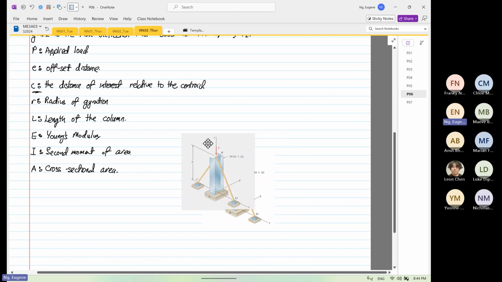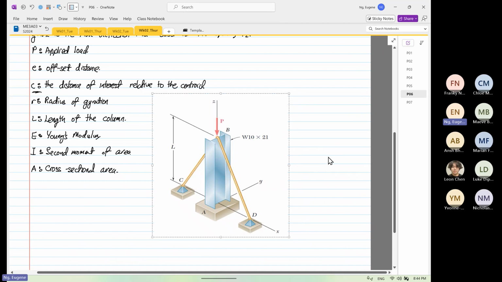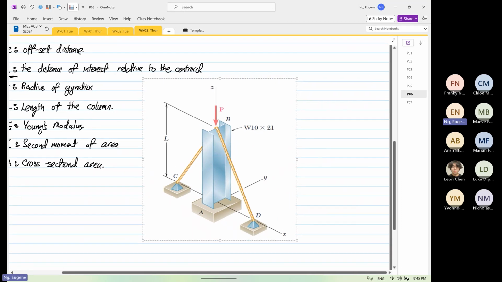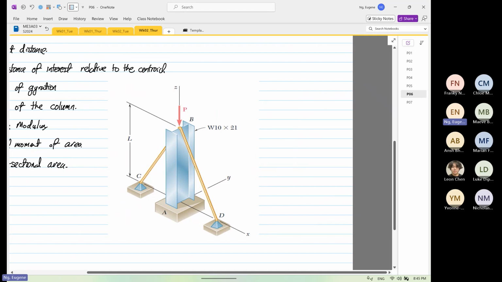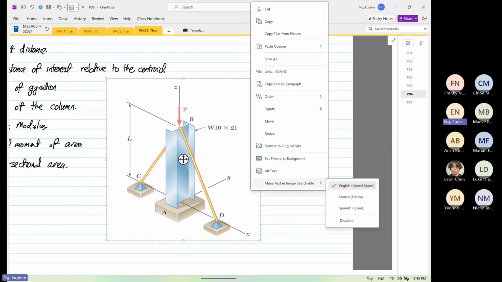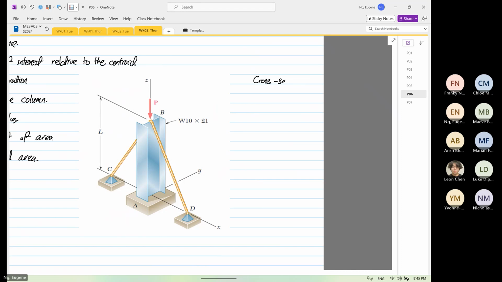So this is X, Y, and Z. If we look at the cross-sectional view, it looks like this.